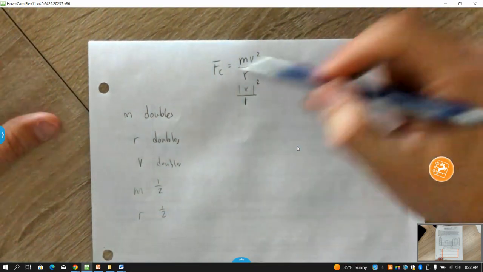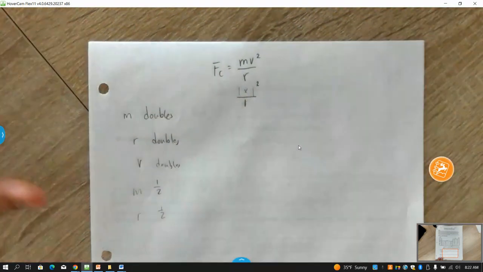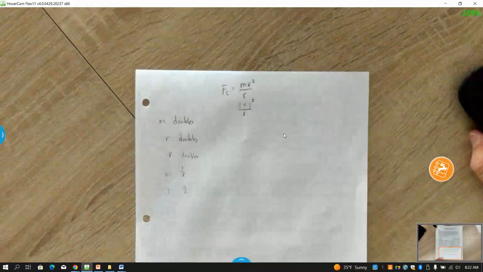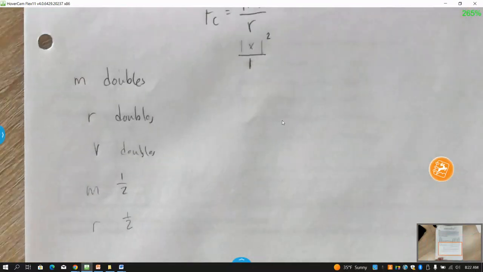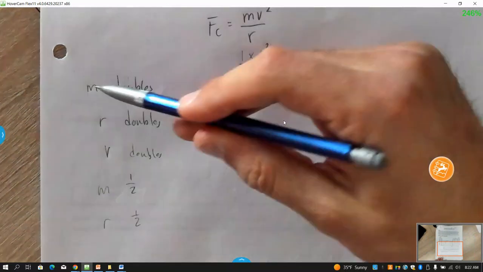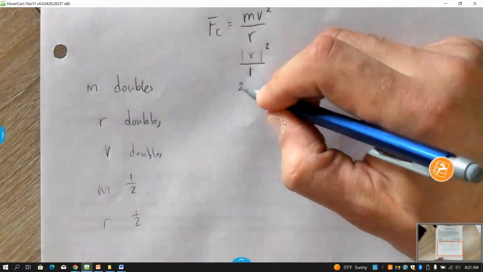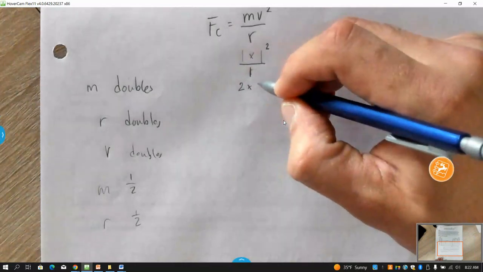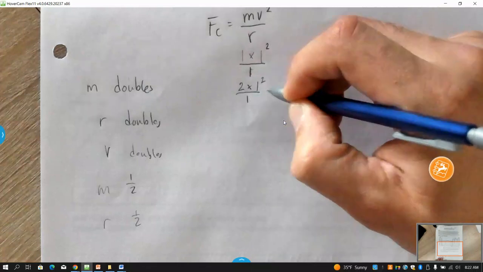So when they say the mass doubles, nothing else is going to change except for the m. Since m would be here, I'm going to make that a 2. Nothing else changed, so our v stays a 1, and that has to be squared. r stays a 1.